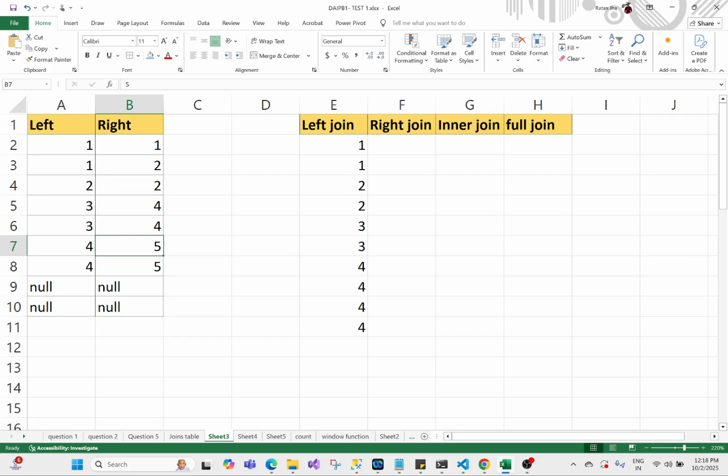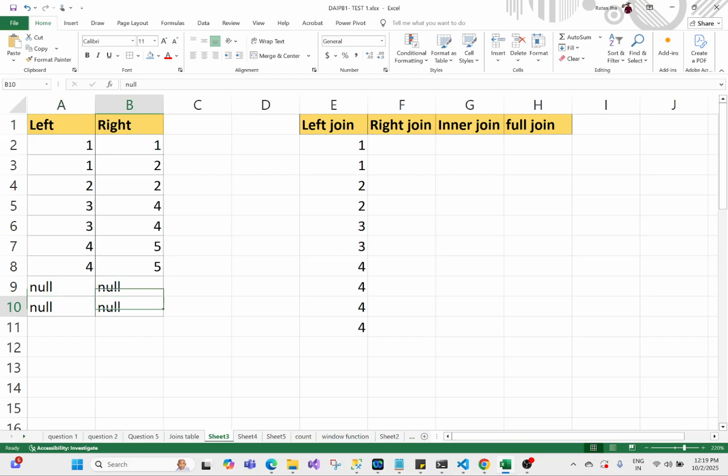What about null? Most of the candidates are confused while handling the null value in all kinds of joins, so let's discuss this. Null means unknown. There is no value. So it will not join with any null in the right table.